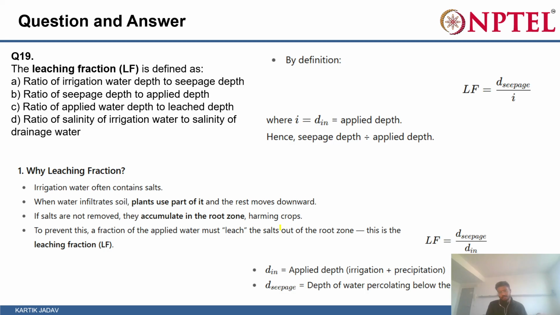To prevent this, leaching fraction is introduced. So leaching fraction is the ratio of the seepage depth, or the depth of percolating water through the root zone, divided by the applied depth, irrigation plus precipitation.